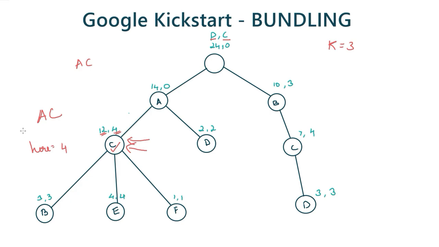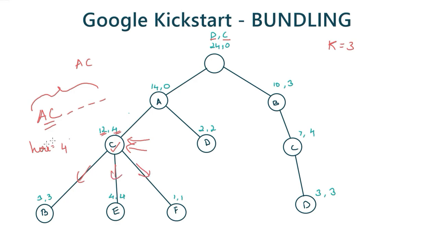Now what about the strings which are not exactly AC but have AC as their prefix? Those strings will have AC followed by some characters. We need to find such strings which, when grouped together, will still have AC as their largest common prefix. The strings which have AC as a prefix but are not AC itself will be represented by the child nodes.